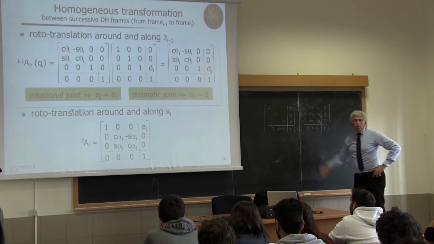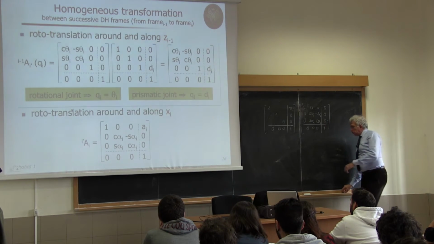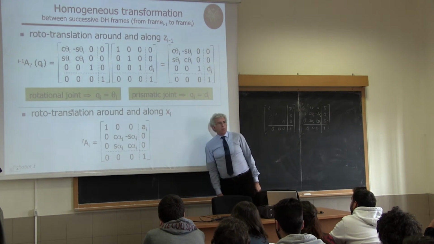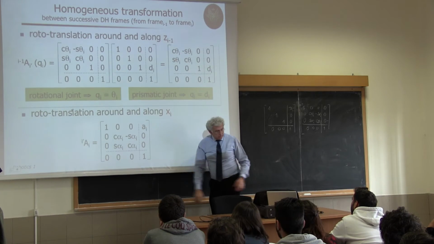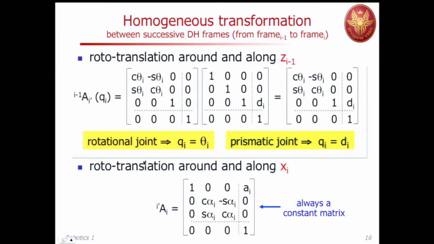And here all that is not there is a 0. Okay, if I do this product, or if I interchange this, I obtain this second homogeneous matrix. The final Denavit-Hartenberg homogeneous matrix will be the product of this times this. Pay attention that this second one is always a constant matrix because it contains alpha_i and a_i, which are always constant parameters. Okay?